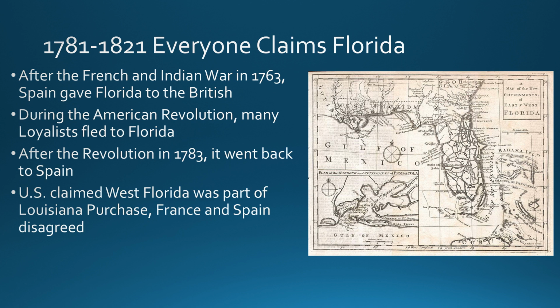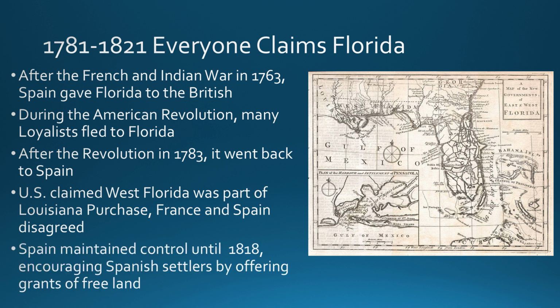The U.S. claimed that West Florida was actually part of the Louisiana Purchase, but France and Spain both disagreed with that. Spain maintained control of Florida until 1818, and the Spanish encouraged settlers by offering grants of free land to people who migrated there from Spain.